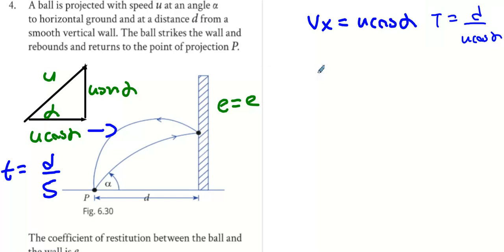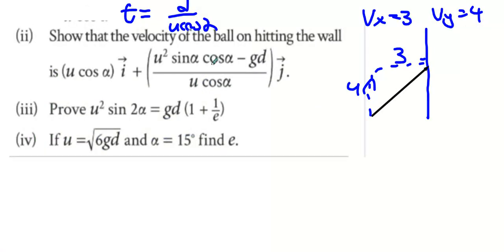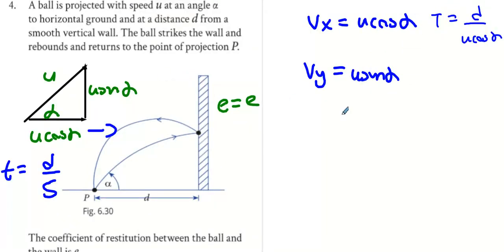So what's v y? u sine alpha, yeah. Any g's in the answer? So don't use 9.8. So minus g t. Now we're going to sub v y. What are we going to sub v y out for? u sine alpha. And what are we going to sub t for?